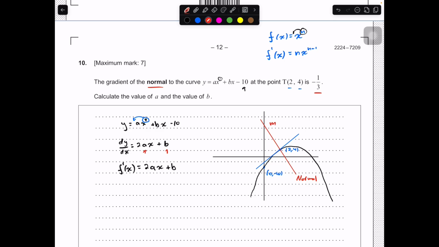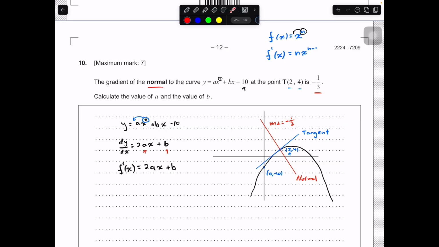We know that m perpendicular, because the normal is perpendicular to the tangent, is equal to -1/3. And this tangent line right here, that's what our derivative gives us. If we put in f'(2), an input of 2, our derivative is going to give us the slope of a tangent line. And right now, we just know the slope of the normal.